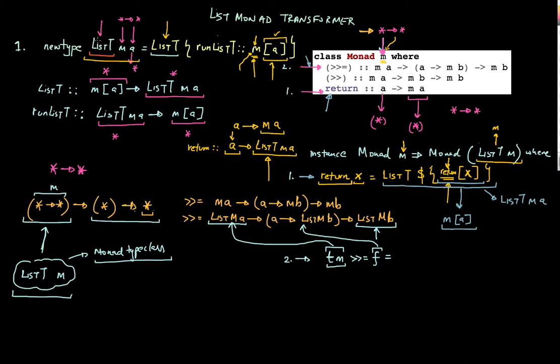If I look at my type definition over here, I can see that if I invoke the value constructor list t and provide the appropriate value for the first field, I will have a value of type list t m. So in that spirit, I'm going to invoke my value constructor list t, and I'm not going to provide the other implementation piece yet. But let's keep the big picture in mind.